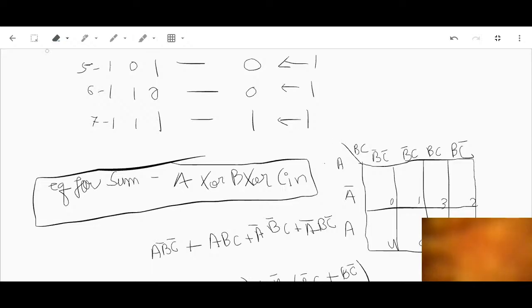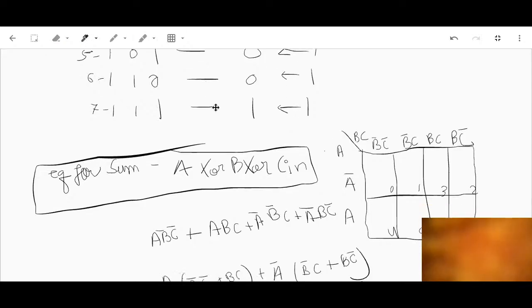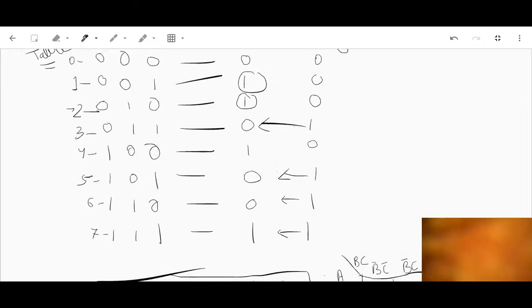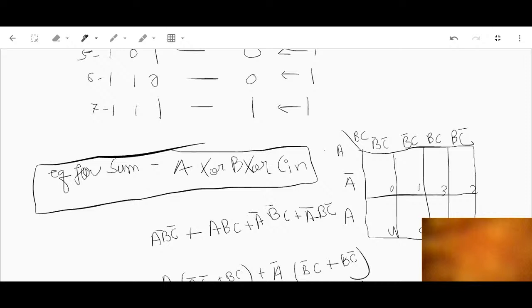Okay, so this is here 3, 5, 6, and 7. Okay, so we have to take the pair of these, because we have to find the common inputs here. Okay, so there are 3 pairs.